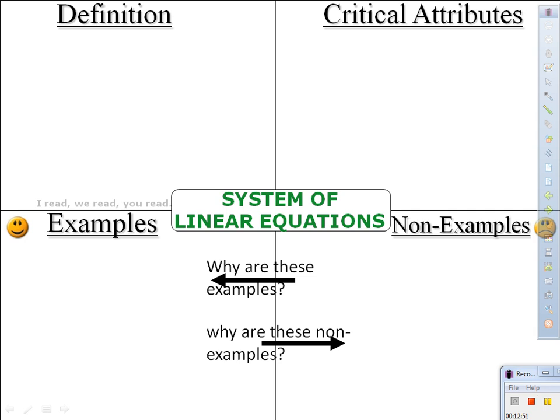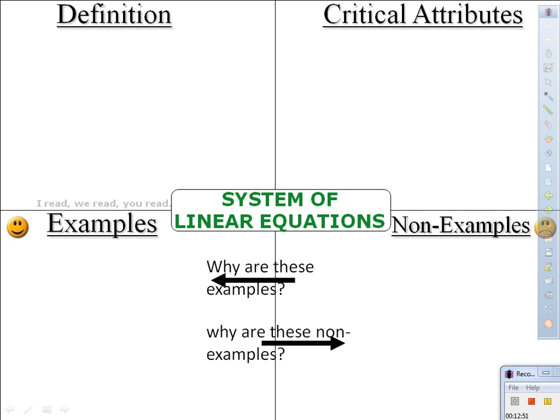All right, share with your neighbor your definition. See if they have something similar to yours. Okay, let's see. How about Melanie?